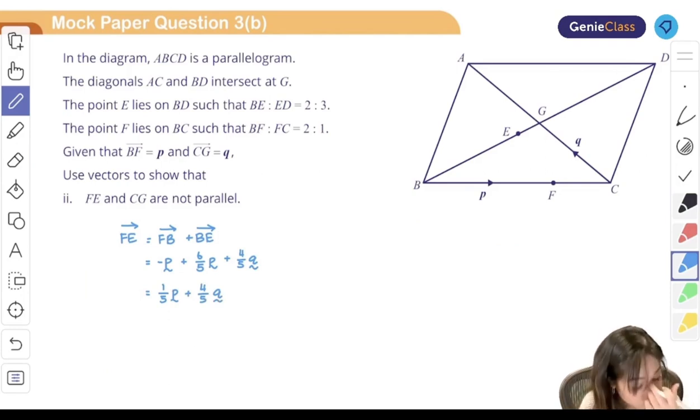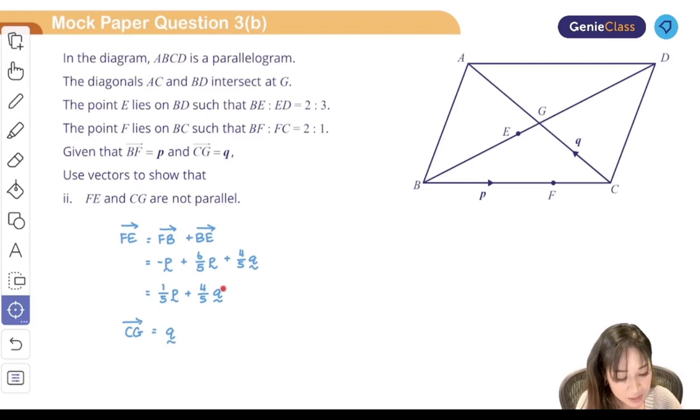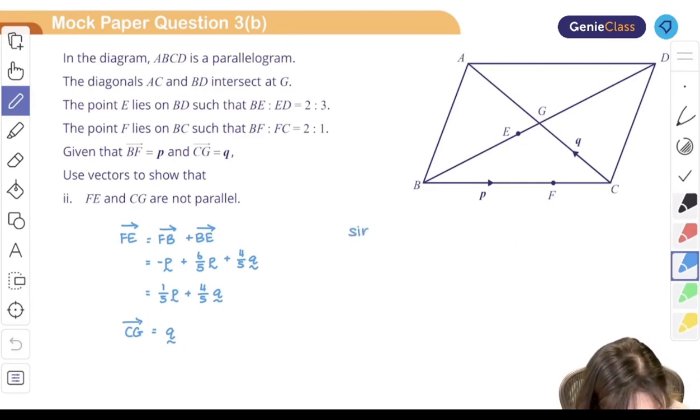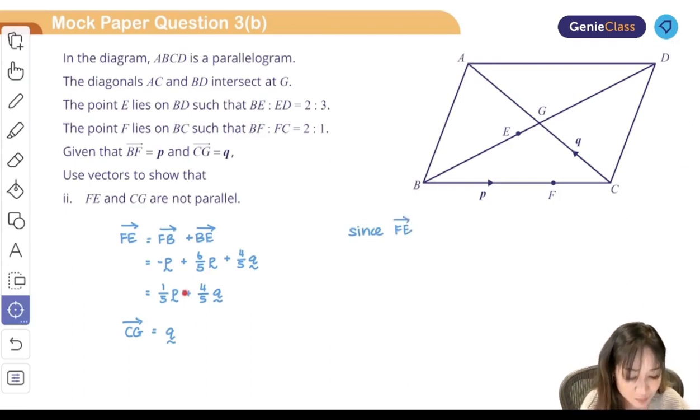Then how do we prove that they are not parallel? CG, we know, is equal to vector q. So is there any way we can express this vector as a multiple of that? Very good, because there is this vector p, right? So there's no way we can just factorize out a numerical number and somehow they will be equal.